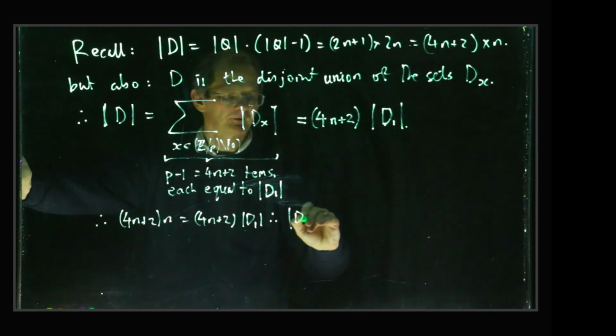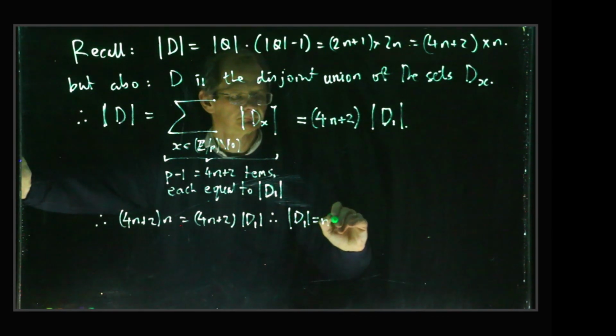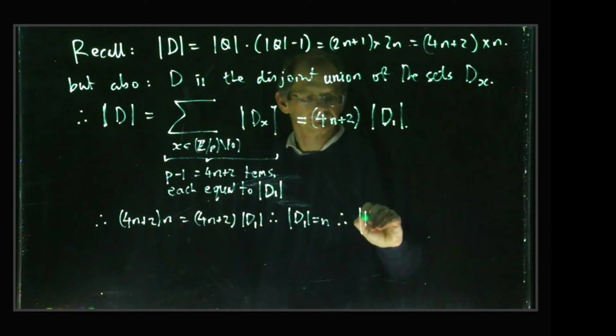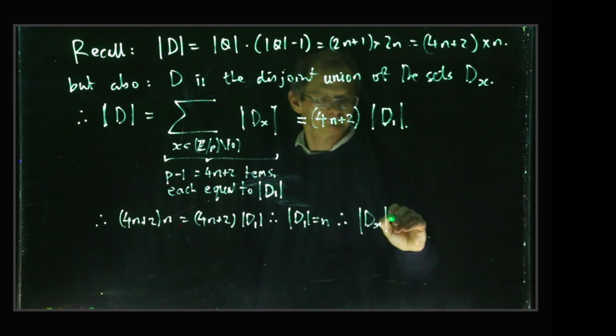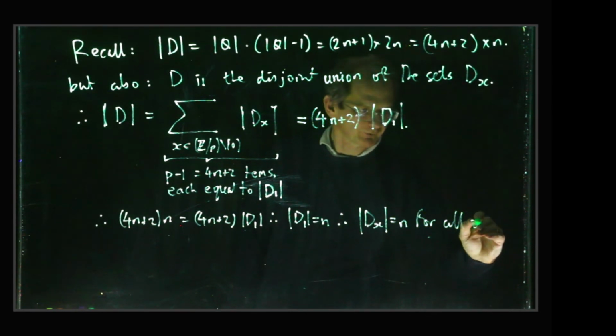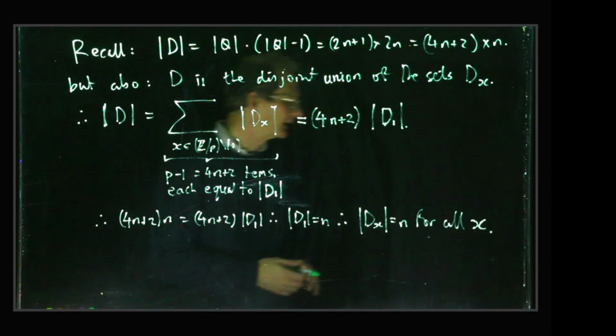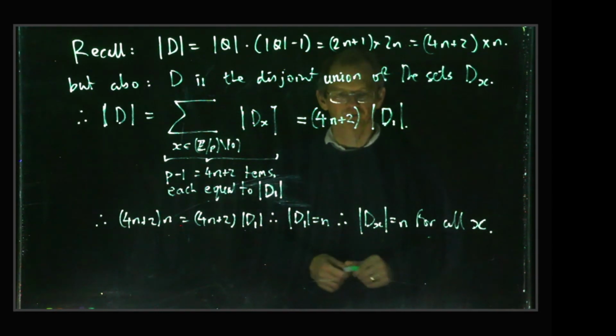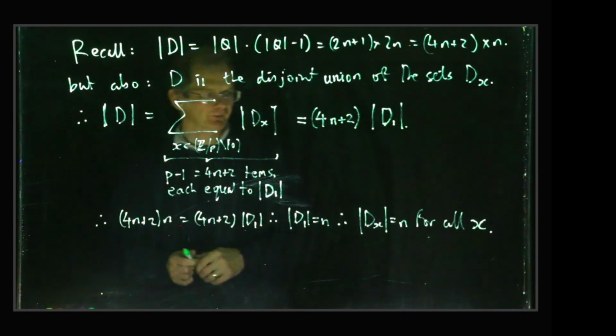So the size of D1 is n, and so the size of Dx is equal to n for all x, because we proved just a minute ago that we had a bijection from D1 to Dx for all x, so these are all the same size.